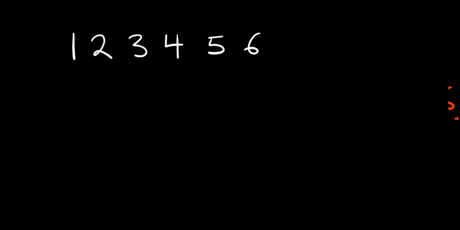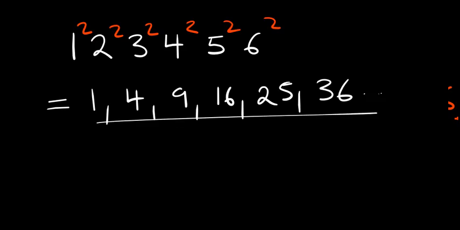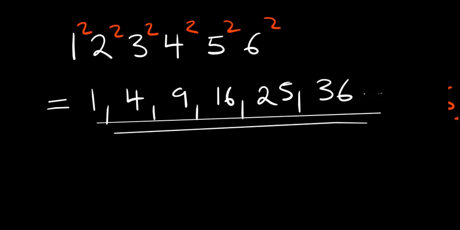Let's say I square these numbers. 1 squared is 1, 2 squared is 4, 3 squared is 9, 4 squared is 16, 5 squared is 25, and 36, and you go on like that. These are what we are calling your perfect squares. So you can return them back to squares like that. It's very important.